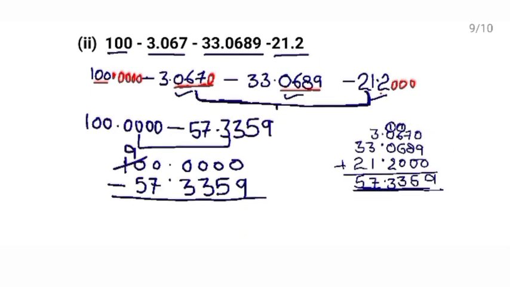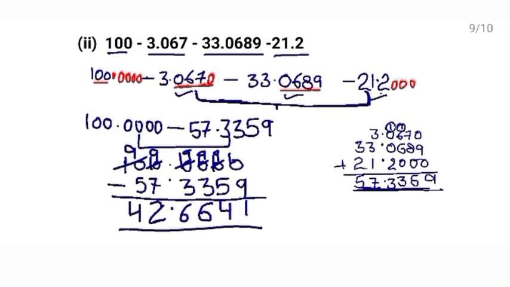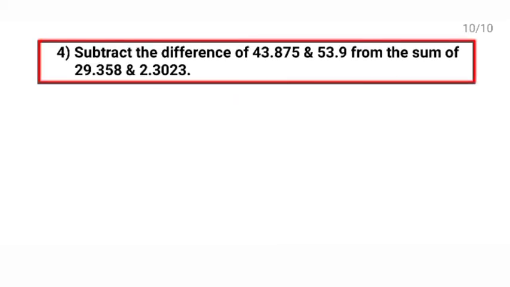Take borrow from this. 9 10, 9 10, 9 10, 9 10. 10 minus 9 1. 9 minus 5 4. 9 minus 3 6. 9 minus 3 6. Decimal below the decimal point. 9 minus 7 2. 9 minus 5 4. So your final answer is 42.6641, right? Next is question number 4.